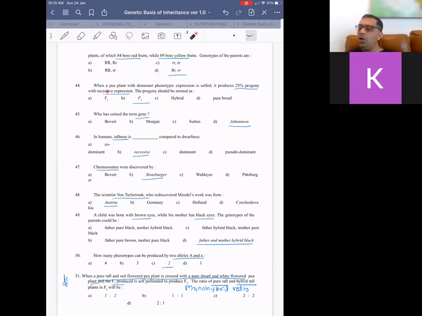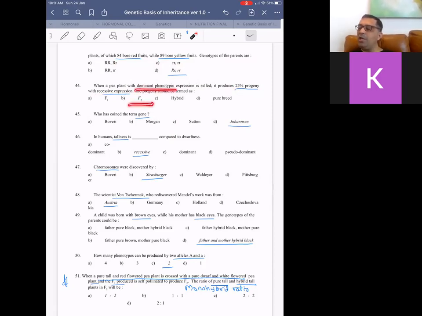In a pea plant, when a dominant phenotypic characteristic is selfed, it produces 25% progeny with recessive expression. What should this progeny be termed as? F2 generation.